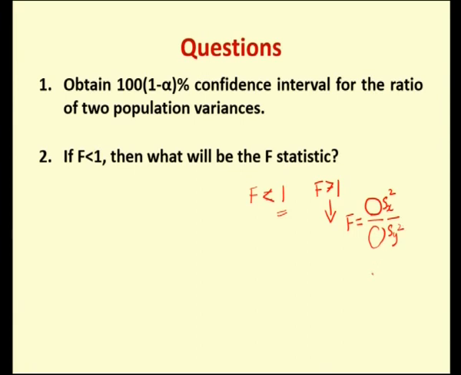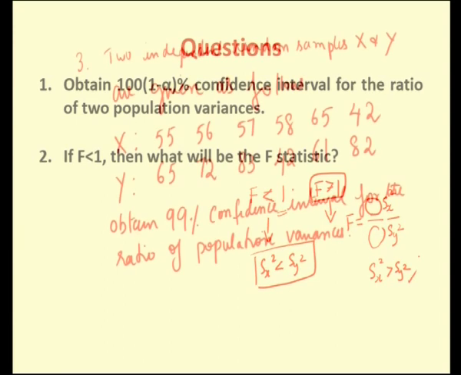So here Sx squared should be greater than Sy squared. So if F is less than 1, you will have Sx squared less than Sy squared, for which you cannot proceed, because the simple reason is that the F value should always be greater than 1. Hence, you need to interchange the values and draw the conclusions.